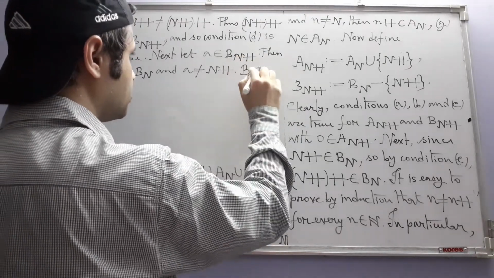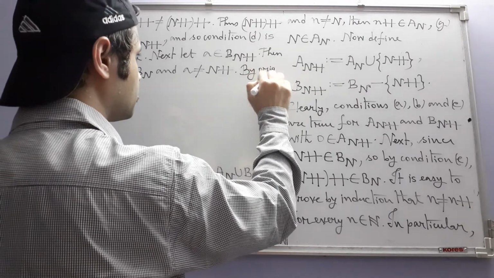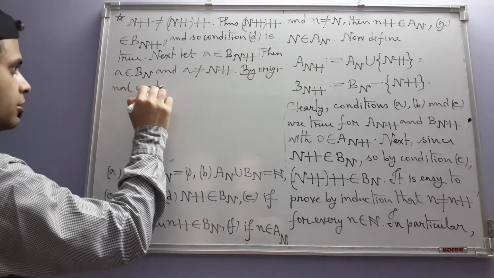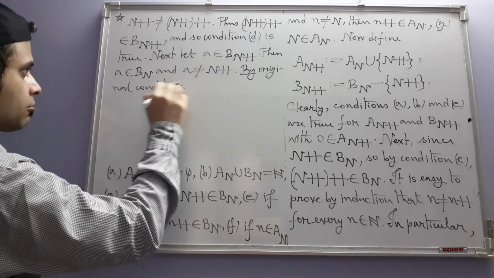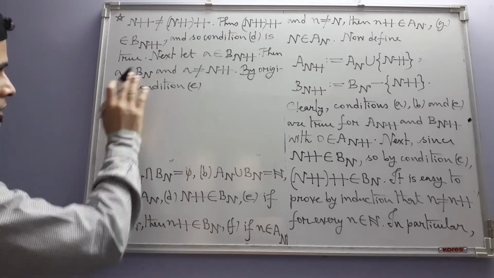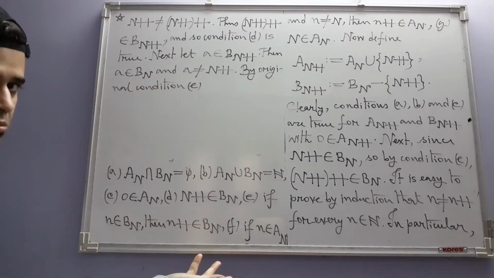By original condition E. Original condition E means this one. Now A is in Bn, so A plus plus will be in Bn.